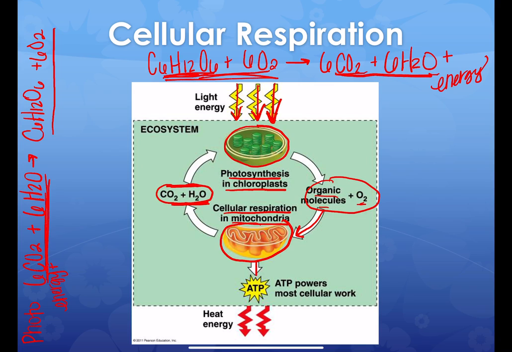And notice that the energy is released. It's coming out in the form of ATP. Okay? And is also shown is released as heat. Okay? So it's ATP, which provides work, energy for work, and that work causes heat to be produced.